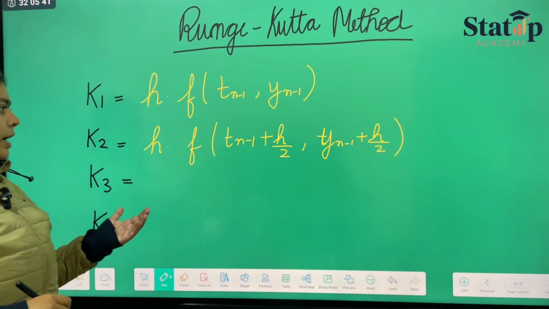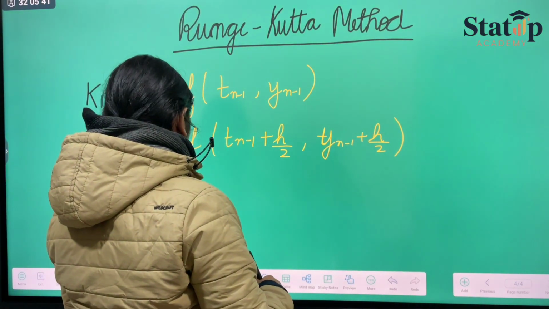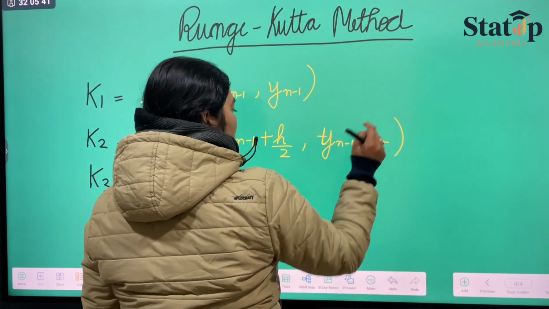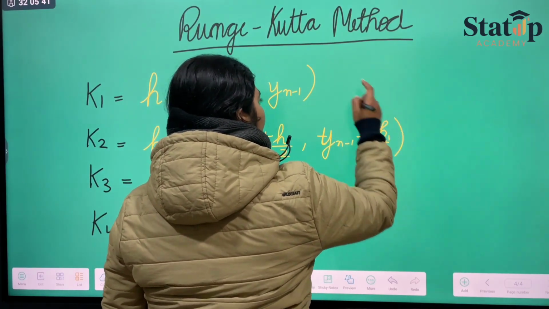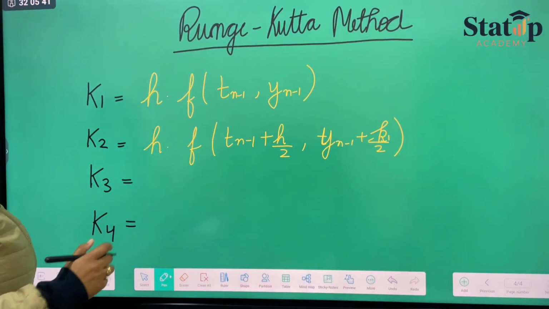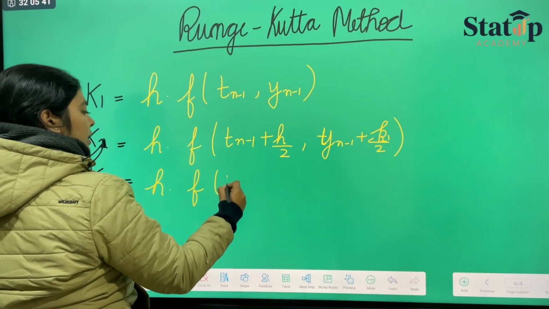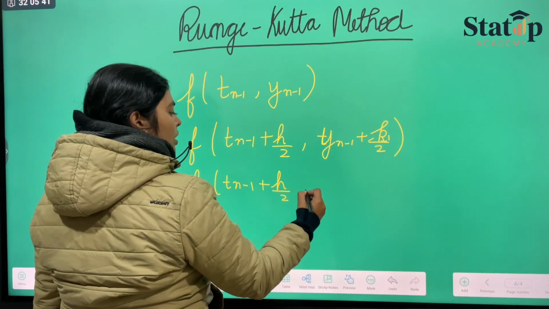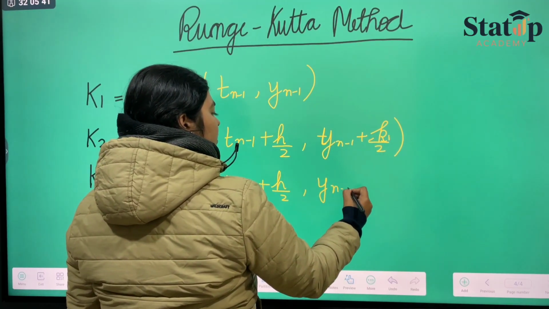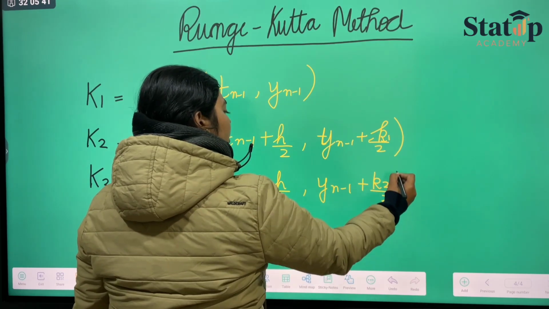This is your K2, and here, instead of h by 2, we will write k1 by 2, which we have found in equation number 1. Now the third one will be K3 equals h into f of t n minus 1 plus h by 2 comma y n minus 1 plus k2 upon 2.